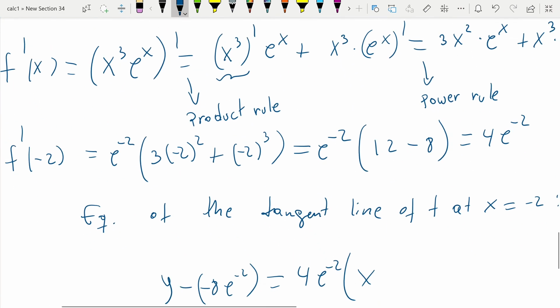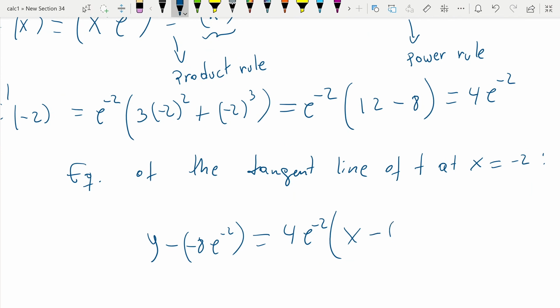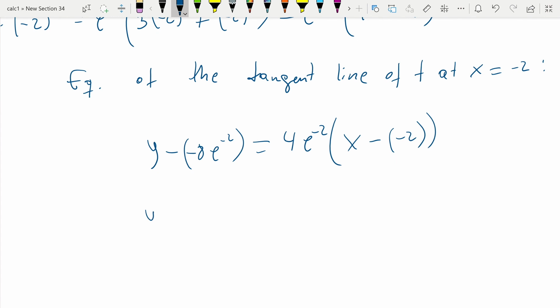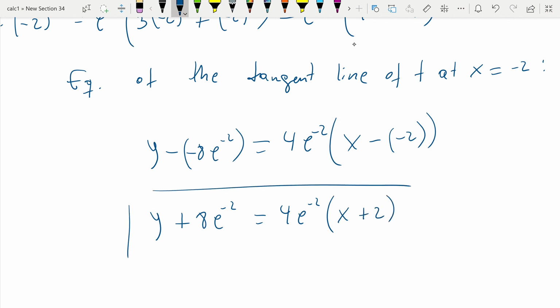And a is -2, so we write x plus 2. So this just becomes y plus 8 e to the -2 is equal to 4 times e to the -2 times x plus 2. And this is our answer. This is the equation of the tangent line for the function f at the point x equals -2.